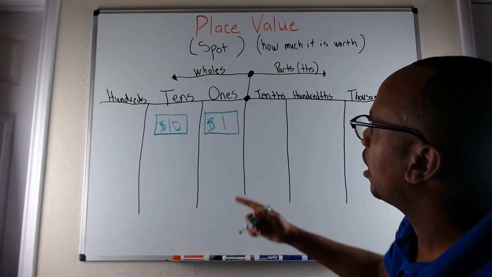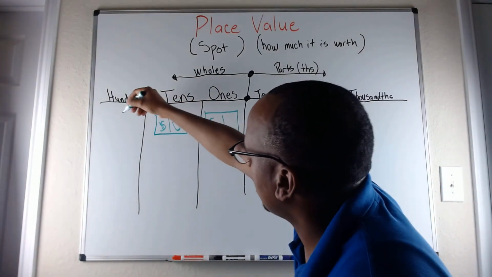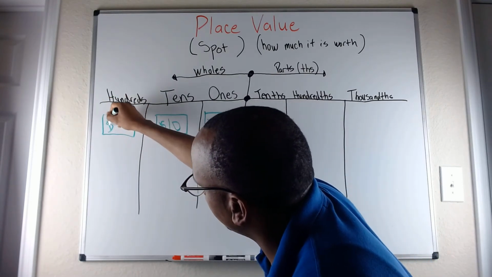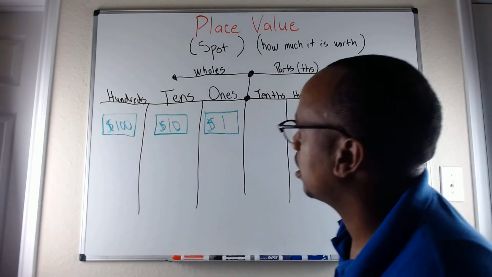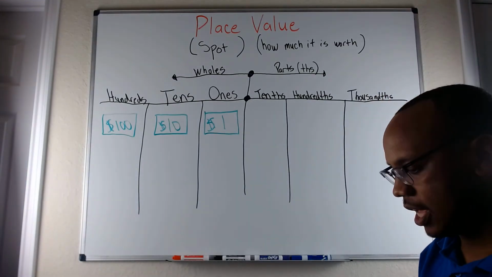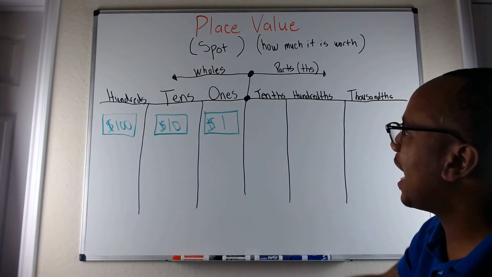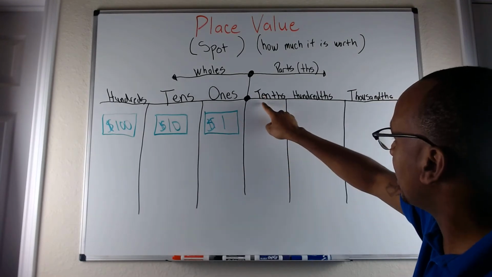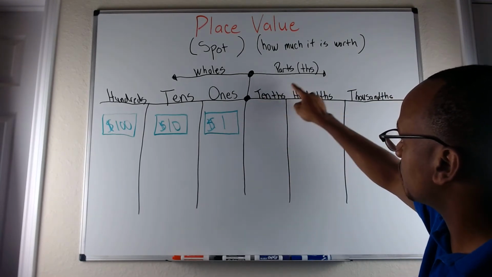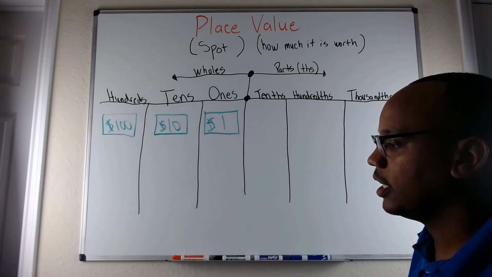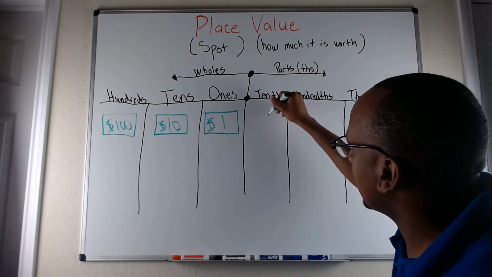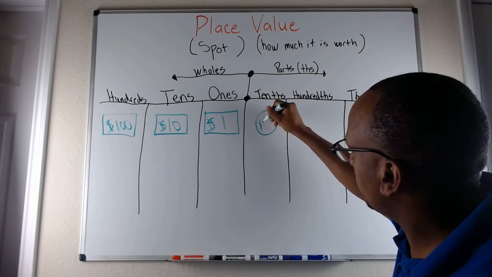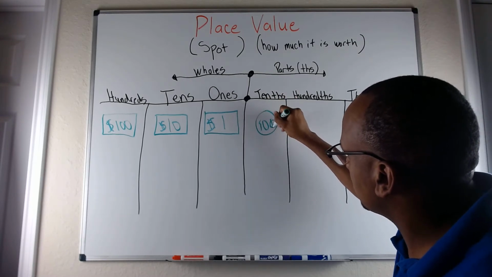And 100 whole dollars is like having a $100 bill. Right? Now, if I take one whole dollar and break it into 10 parts, that will create dimes, which is 10 cents.